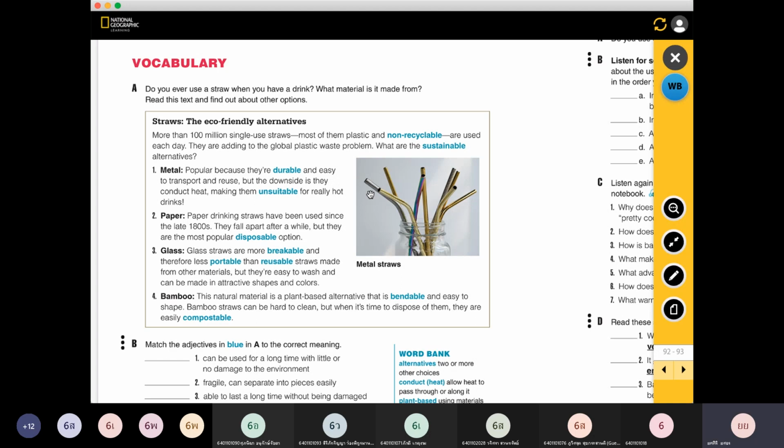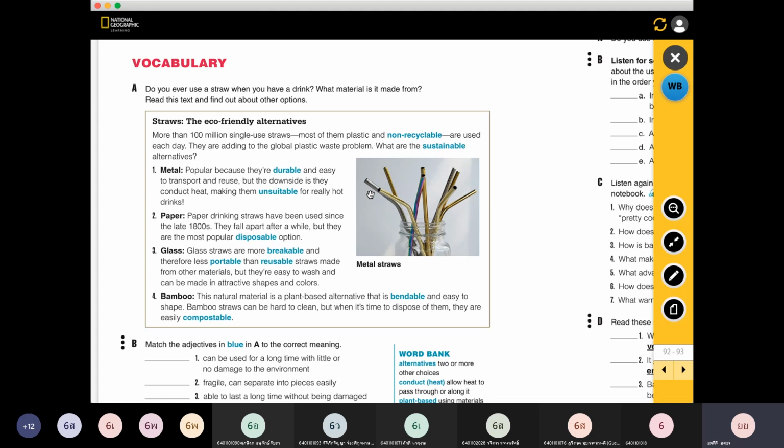So when we consider metal, the property is durable, right? If it's smashed, it's not gonna break or shatter. But when it comes to heating, it's not good.